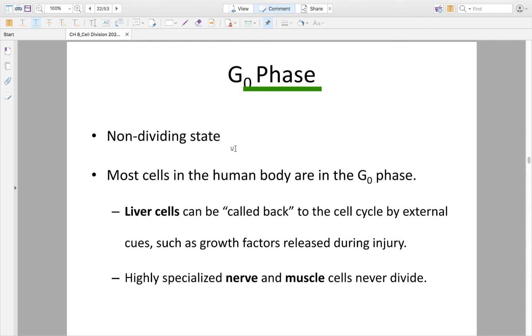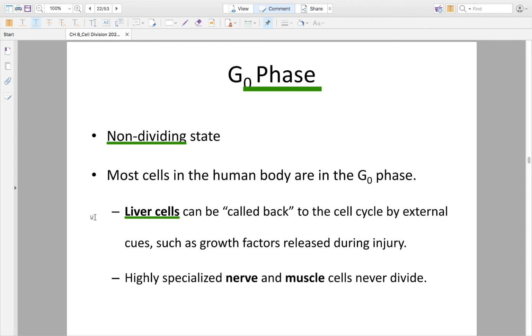Now, there's some cells in our body that stay in G0. So liver cells stay in there. They can be called back to the cycle by growth factors when there's injury, but they really don't replicate often.